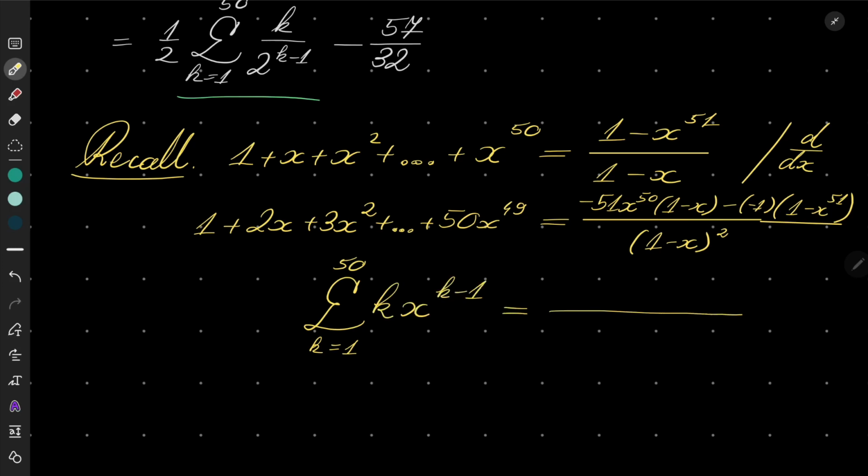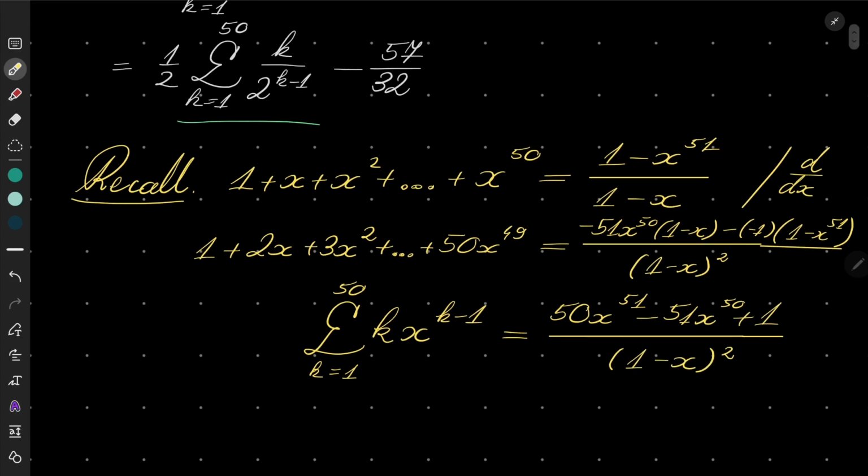After simplification of the right hand side, you will get 50 times x to the power 51 minus 51 x to the power of 50 plus 1, over (1 minus x) squared. Would you look at that? That sum looks a little bit like the sum we wish to evaluate, because we have k and we have power k minus 1.